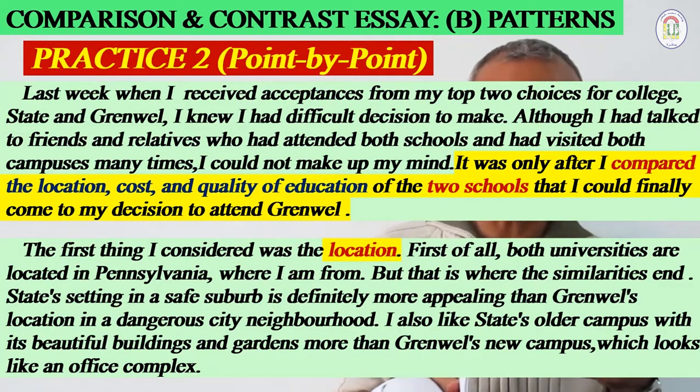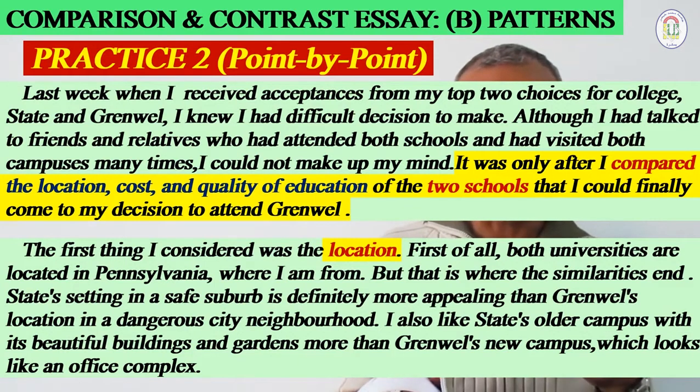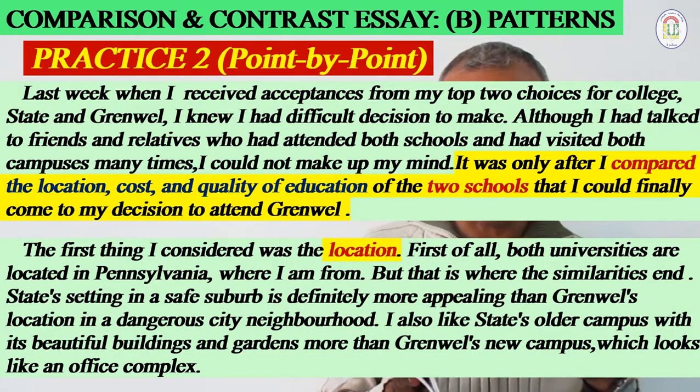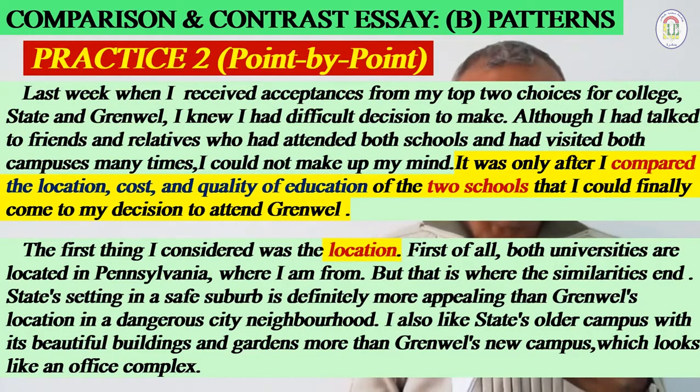State's setting in a safe suburb is definitely more appealing than Greenwell's location in a dangerous city neighborhood. I also like State's older campus with its beautiful buildings and gardens more than Greenwell's new campus, which looks like an office complex.